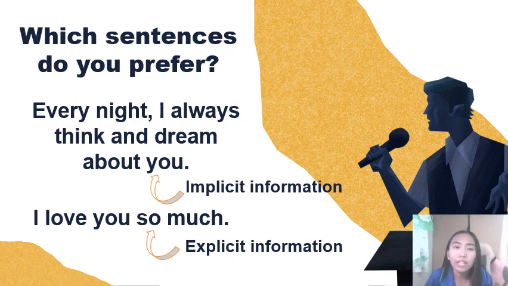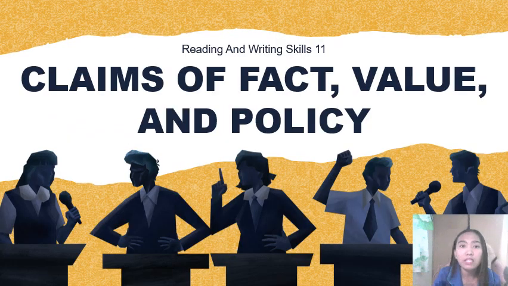And it will help you recognize the writer's argument and evidence so you can begin judging the writer's work. So we are clear with the implicit and explicit information. Let us discuss the three claims that this module focuses on. We have three claims: the claims of fact, claims of value, and claims of policy.